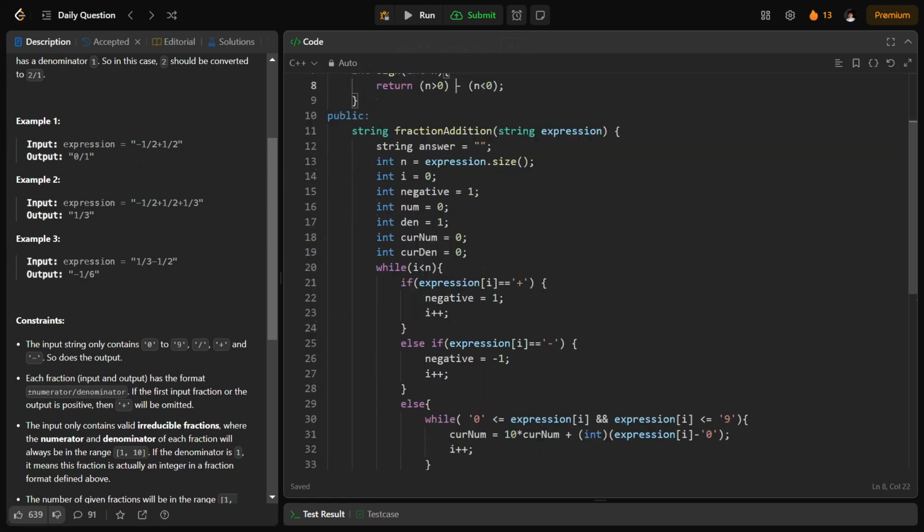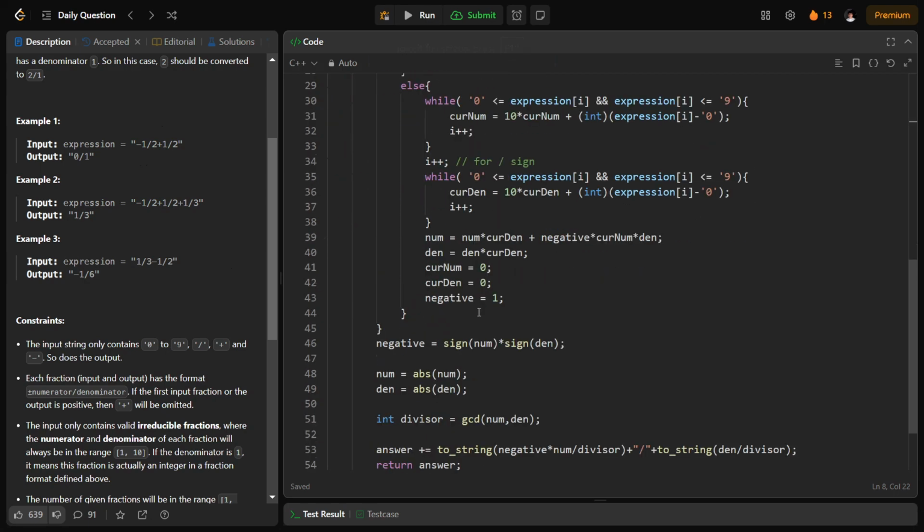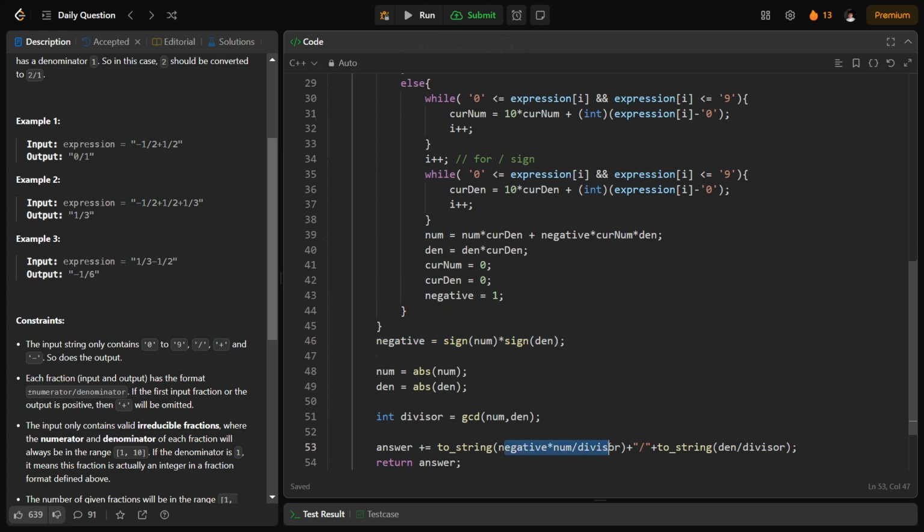So anyways, obviously if the numerator is 0, the final value is not any of our concerns, because when we are doing this, you would anyways have 0 in your answer. I get the numerator, denominator, and I get the divisor.